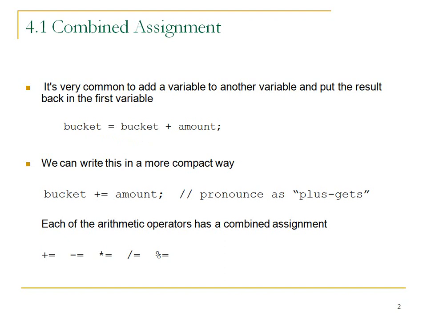We can write this in a more compact way in Java, and we're going to pronounce it as plus gets. So write bucket plus gets amount, and it will do the equivalent of the statement above, adding the amount into the bucket. So it's combining the plus and the assignment operator.